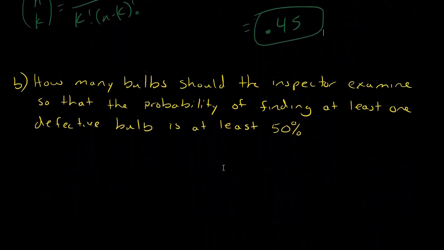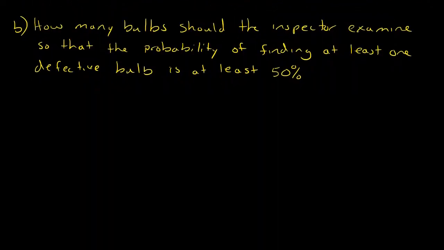Okay, now stepping this up, making a slightly more difficult problem: how many bulbs should the inspector examine so that the probability of finding at least one defective light bulb is at least 50%?